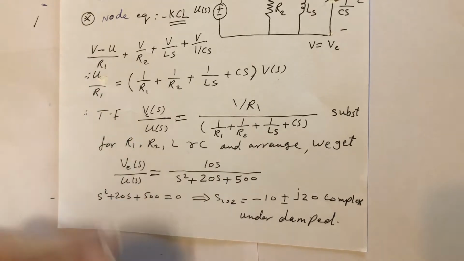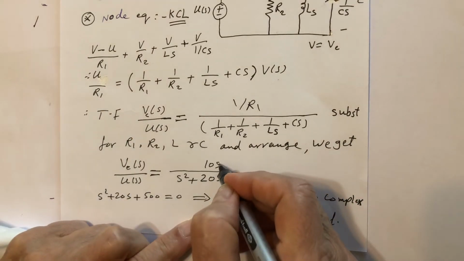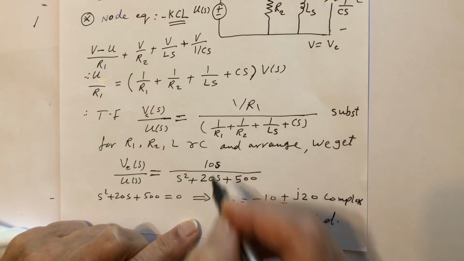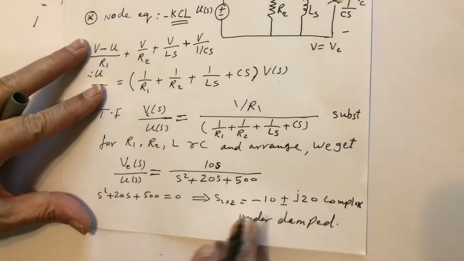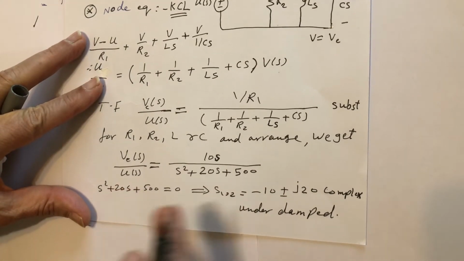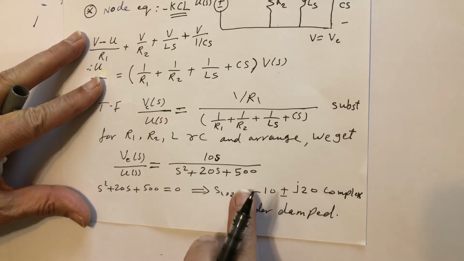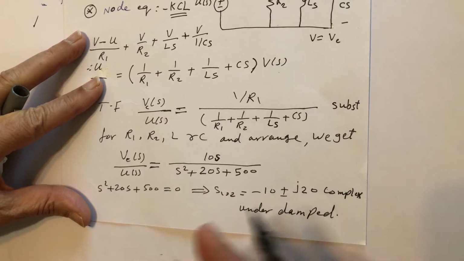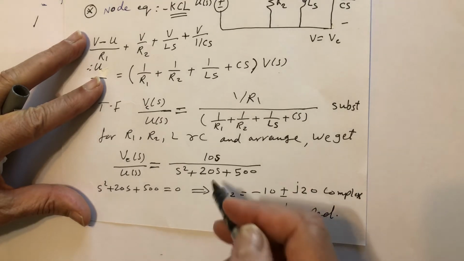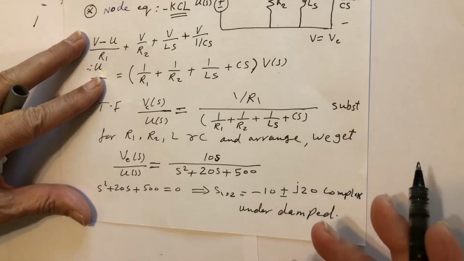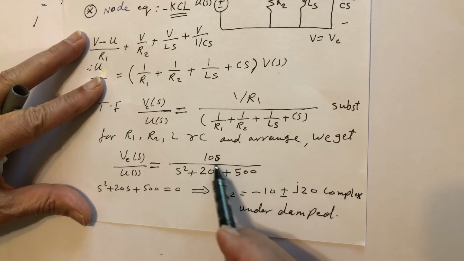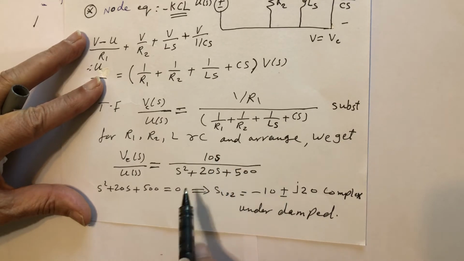This is S, 10S. VC of S over U of S equals 10S over S squared plus 20S plus 500. We said that we only take the denominator if we don't have this, but this is our characteristic equation.